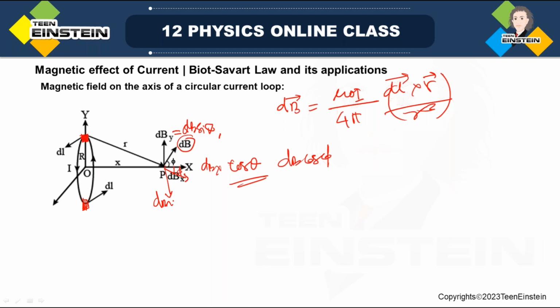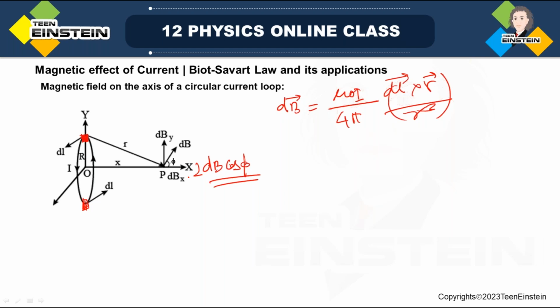Okay, in both cases they will be cancelling each other. So we have got dB cos phi. This component we have got twice, so 2 into that. So that will be the ultimate magnetic field.